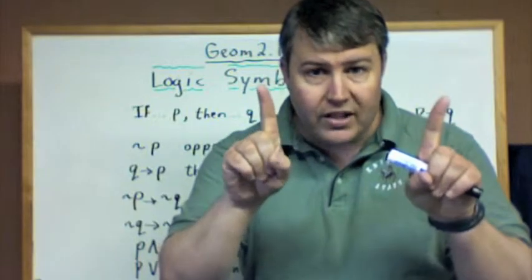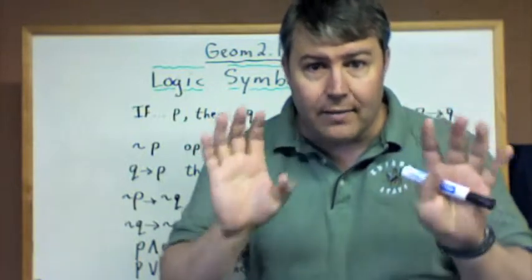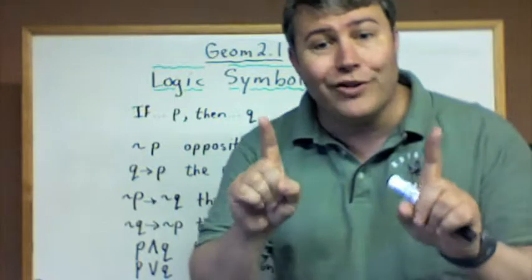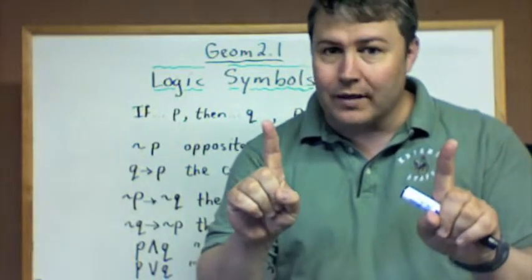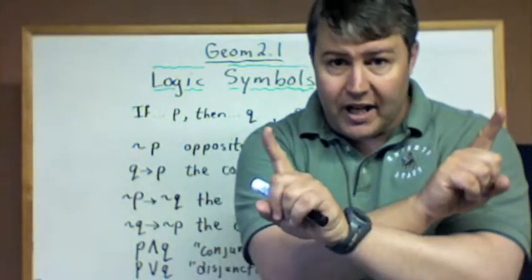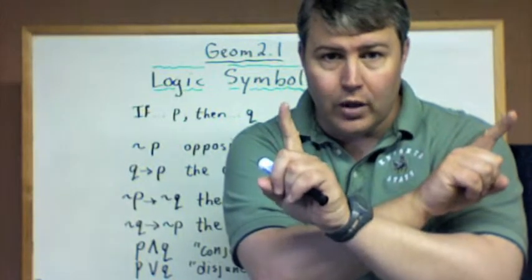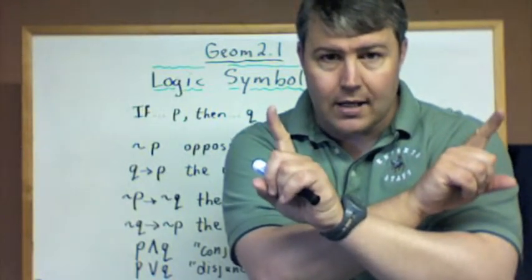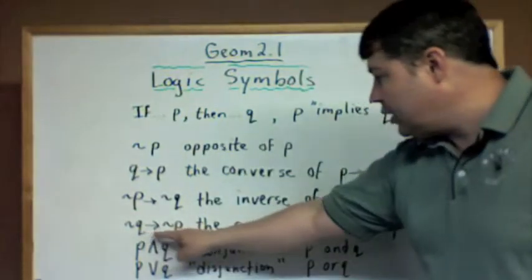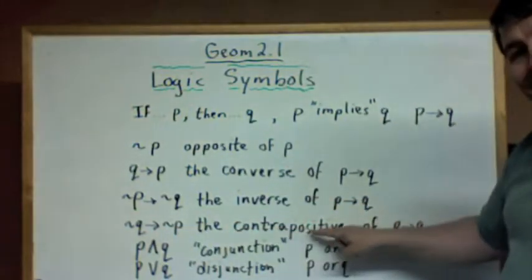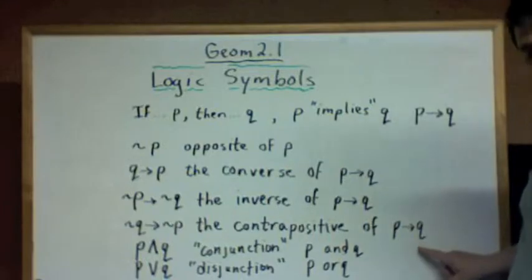A contrapositive does both at the same time. So you start with an original P implies Q, and you flip it around to Q implies P, and then you make them both their negation. Not Q implies not P. So not Q implies not P is the contrapositive of P implies Q.